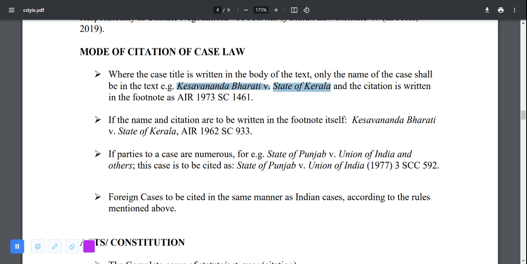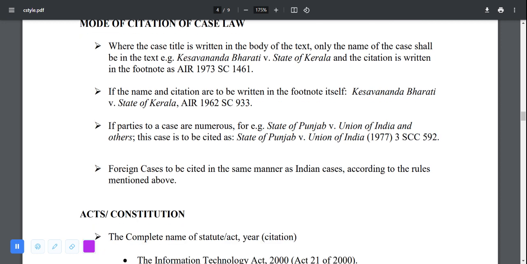State of Kerala, or you can directly provide its citation number. This is AIR 1973 SC, SC means Supreme Court, 1461 is the page number. So either you provide this citation, or you can provide the complete citation. Okay, good.